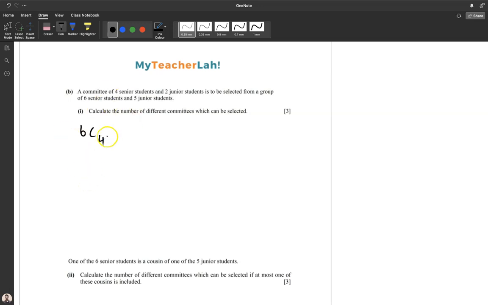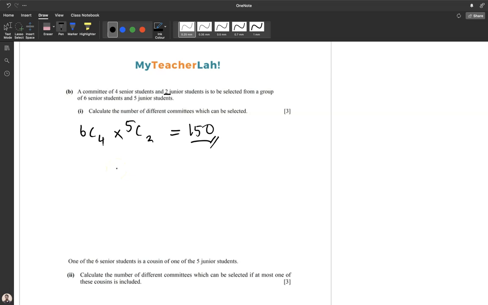This is combination, because we're just choosing. And out of the 5 juniors, we choose 2 of them. That's it. So you will end up with 150. 3 marks. Very fast. Just within 30 seconds you can finish it.